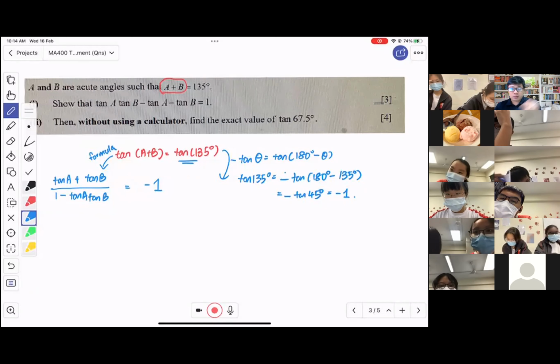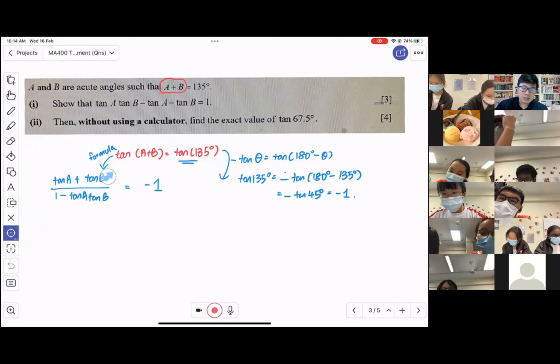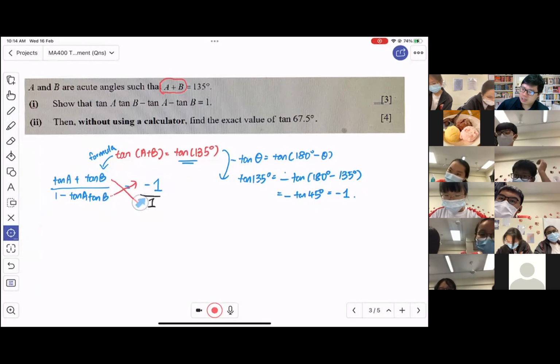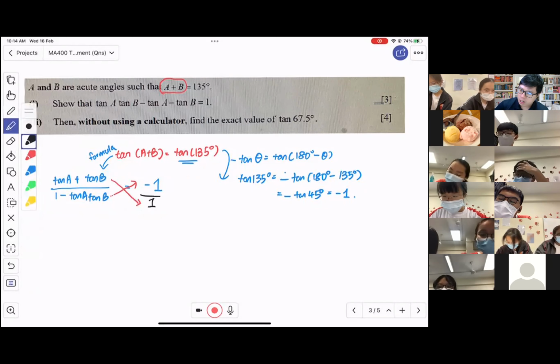Then after that, I cross multiply. Negative 1 can be seen as negative 1 over 1 now. Those in gray, I will put on the left, and those in blue, I put on the right.